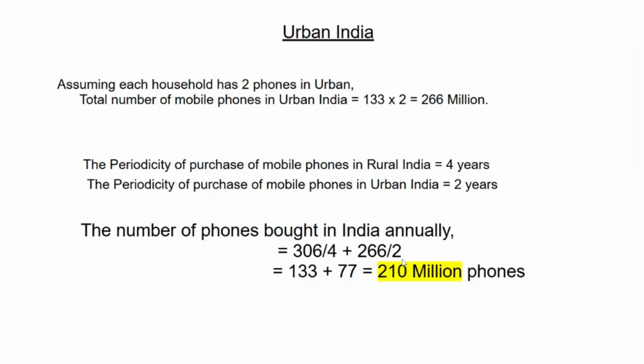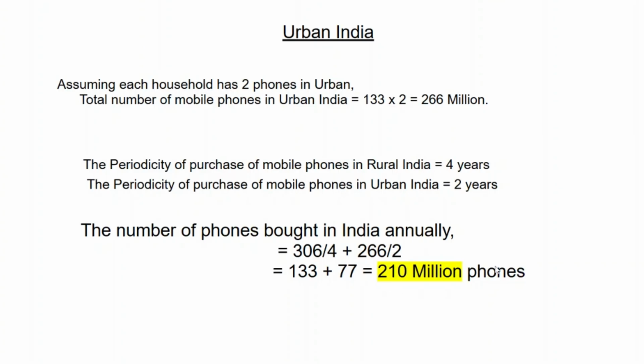And secondly, these phones assume all types of phones, smartphones and any other type of phone also. But let's say if we just narrow it down to smartphones, we could also multiply it by the smartphone penetration in India.